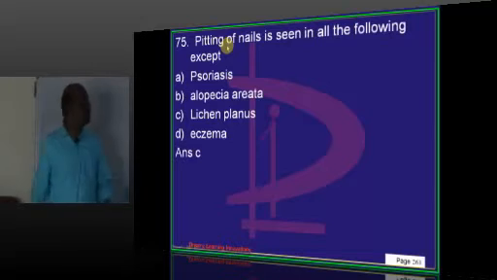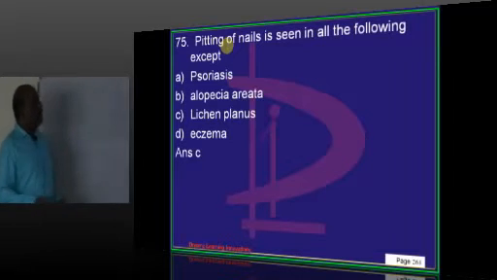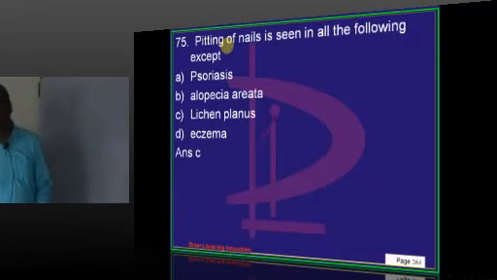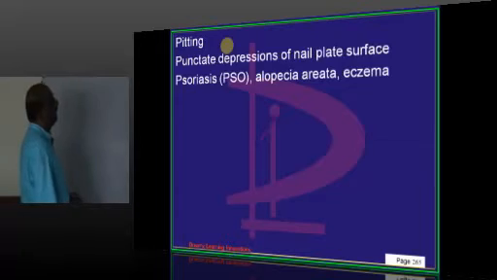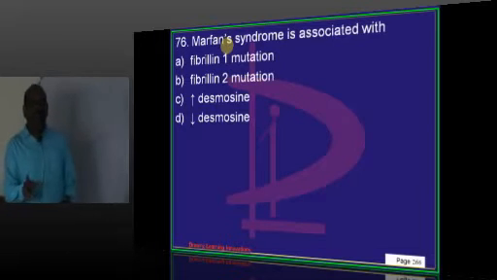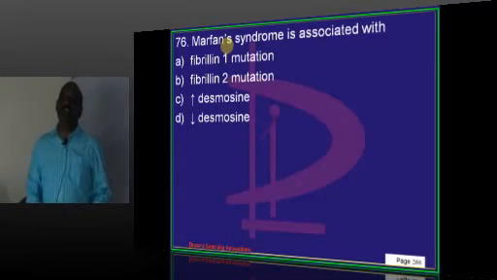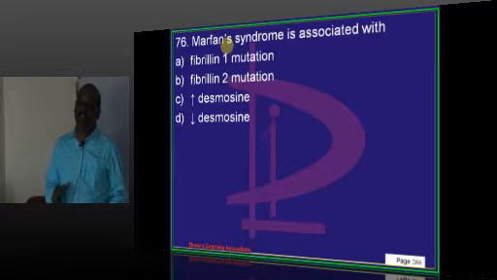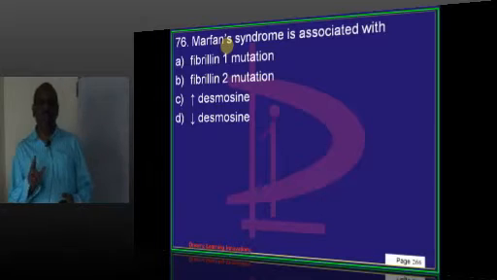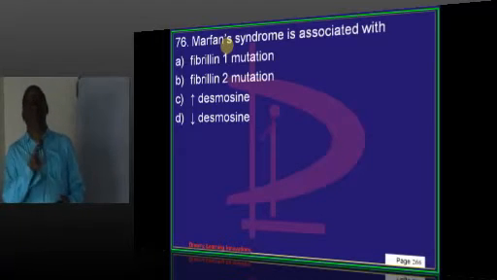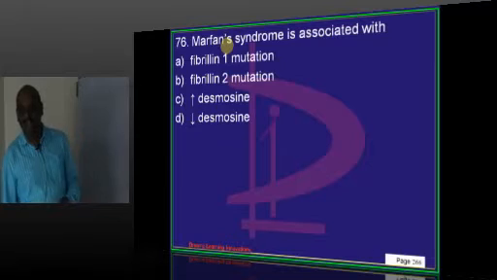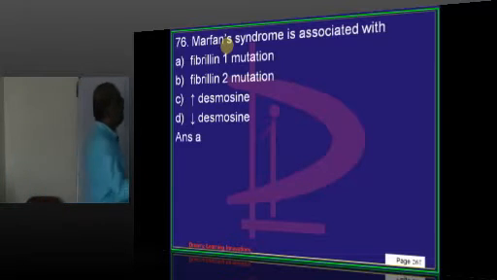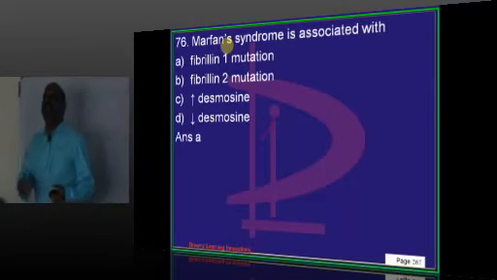Pitting of the nails is a feature of eczema, alopecia areata, and also psoriasis. Then Marfan may come; this kind of question will create a commotion in the exam hall, because we know fibrillin, but fibrillin 1 or fibrillin 2? So it is the fibrillin 1 mutation which you need to be quite sure about.